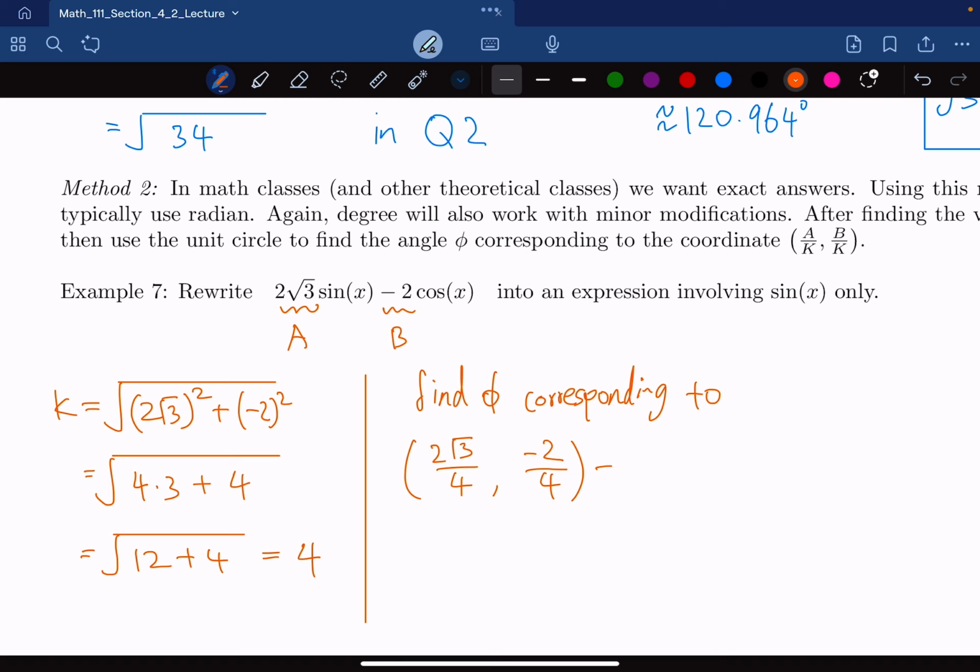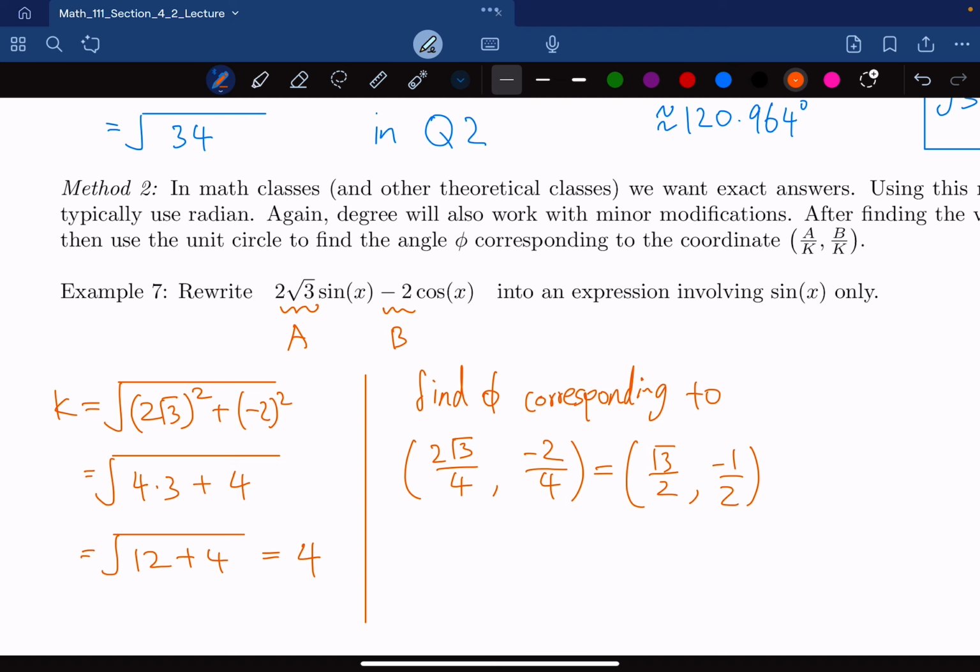And you can already see where I'm going with this, hopefully. Once you cancel the 2 and the 4 on top and bottom, you're going to have radical 3 over 2 comma negative 1 half. And this is a very familiar coordinate that we know to be on the unit circle, right?